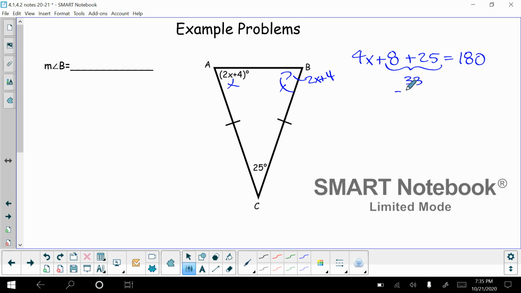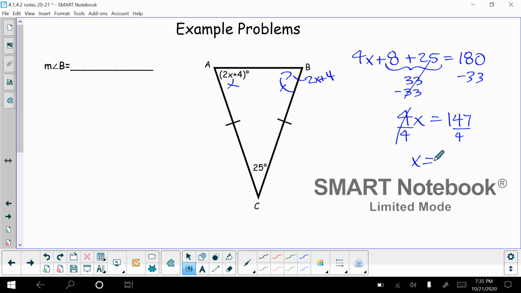And so what I'm going to do is I'm going to subtract 33 from both sides. And I'll have 4x on the left, and on the right, I'll have 147.